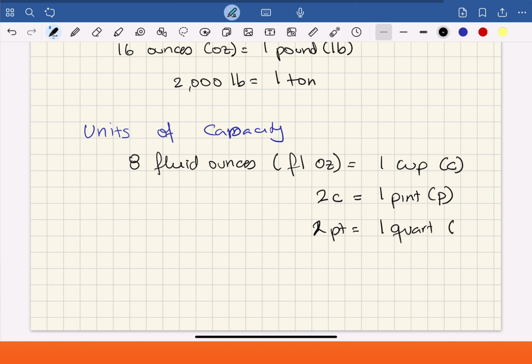A quart is abbreviated as QT. And 4 quarts is equal to 1 gallon, abbreviated as GAL.